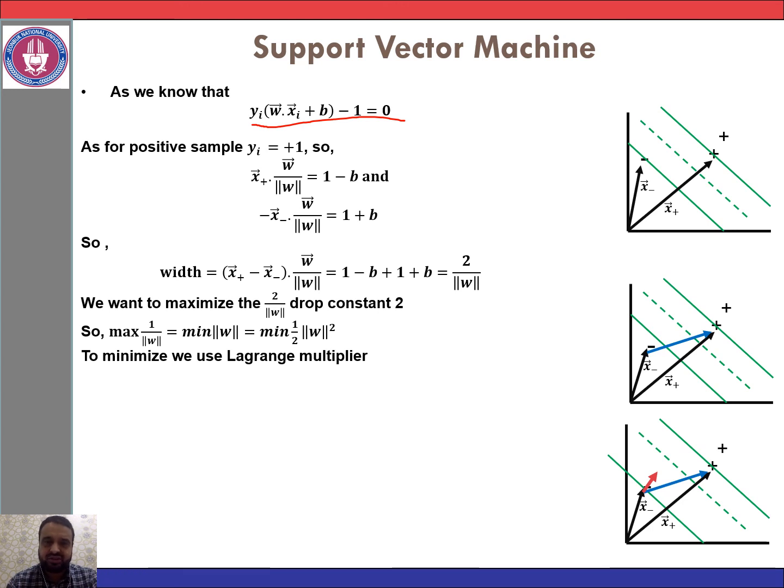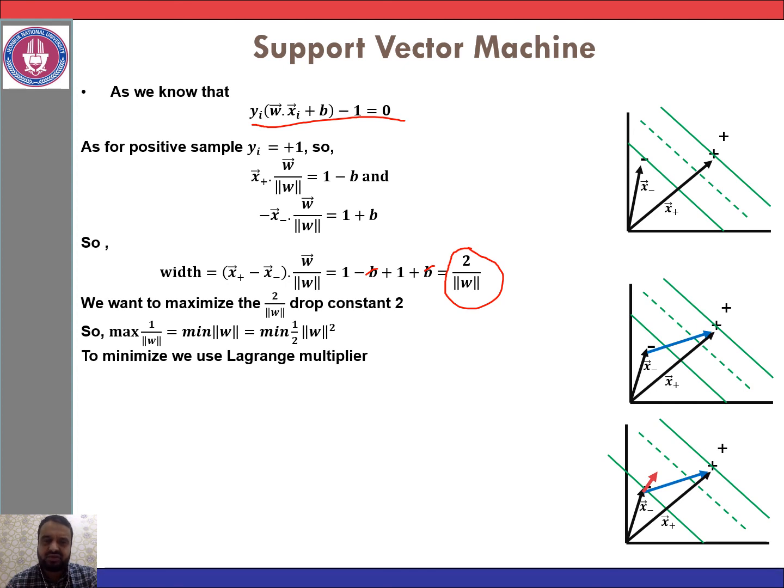So if we put these values in the previous equation, which is width is equal to x plus minus x minus dot w divided by the magnitude of w, it becomes 1 minus b plus 1 plus b. So the b and b will cancel out and we will get 2 divided by the magnitude of w. So we need to maximize this equation, which is equal to 2 divided by the magnitude of w.